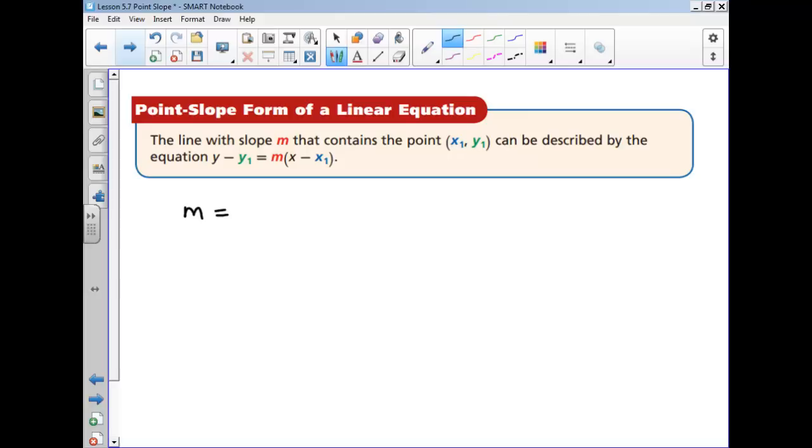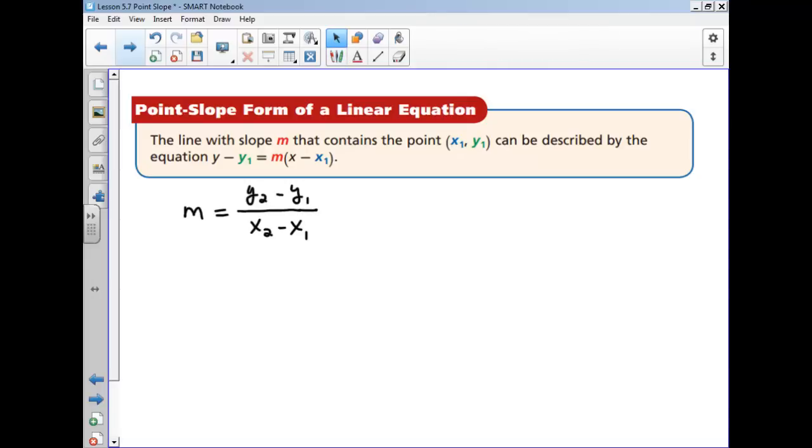If we think back to what we learned previously, the slope is y2 minus y1 over x2 minus x1, which basically lets us know the differences in y over the differences in x. What we are going to do is rearrange this so that we don't have a denominator, and look at how this creates our point slope form.